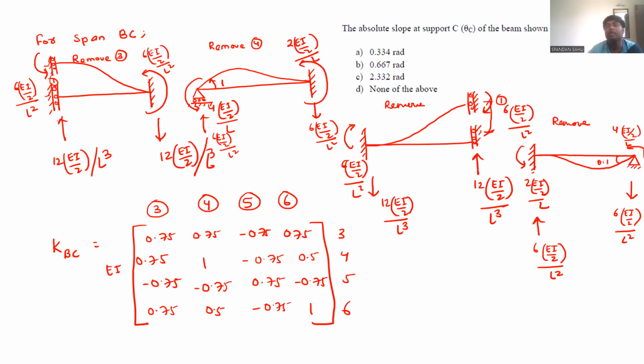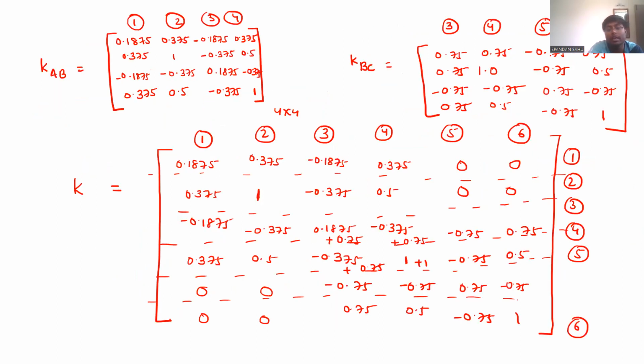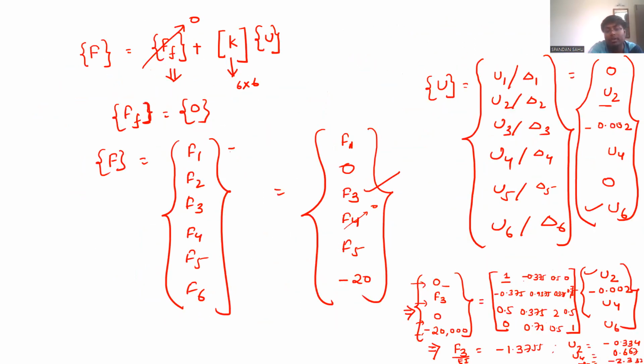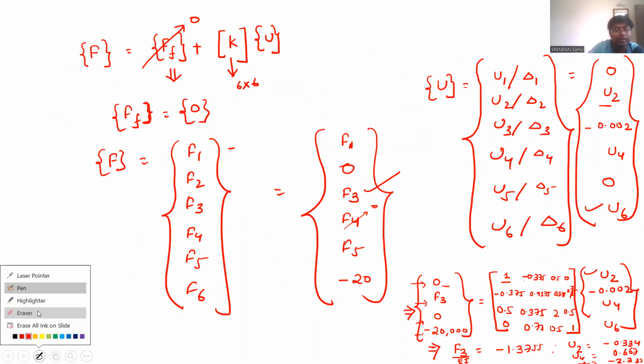Now, for theta C, what was the unknown we have taken? U6. What did we get? Here I have written U6 as minus 2.332, in the corner. I should erase it and write it in a good space.